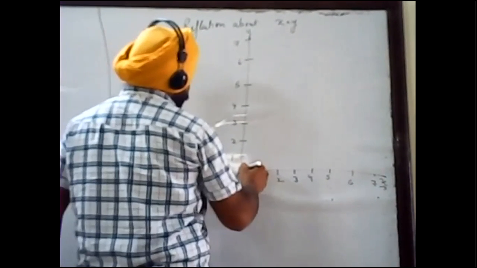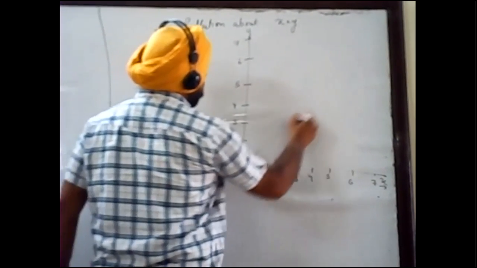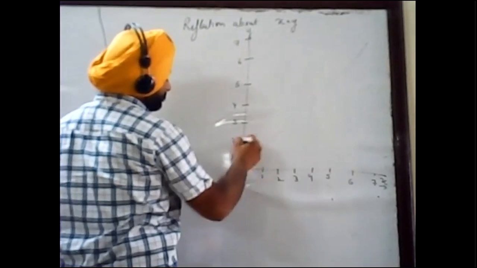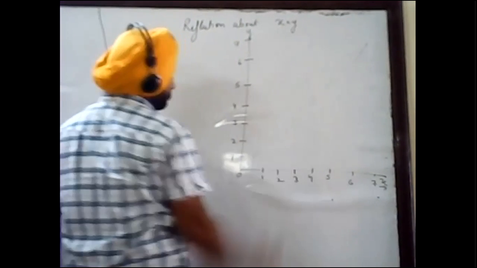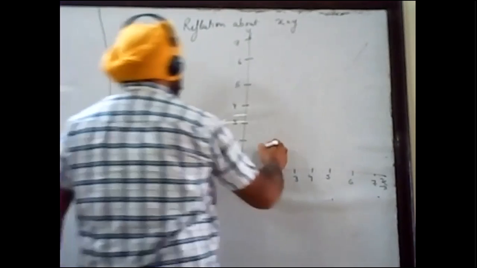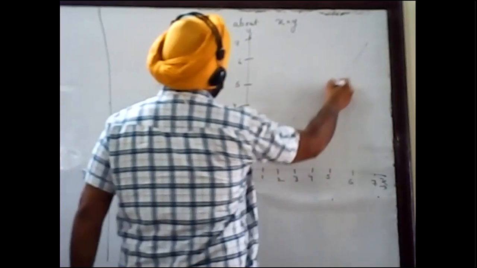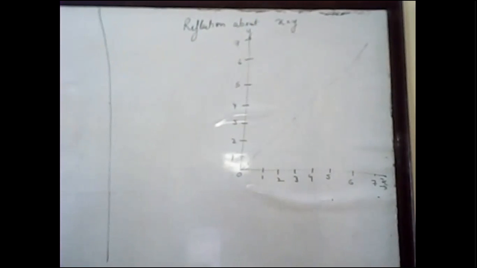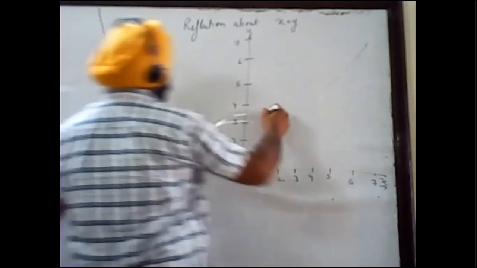Now, when you talk about x is equal to y, this is the line where x and y are equal, and all these points have x and y equal. Now let us say we have a point somewhere here, and a line somewhere here.